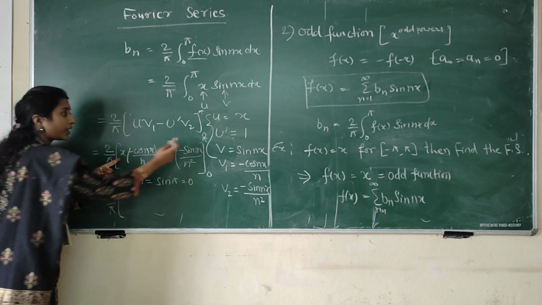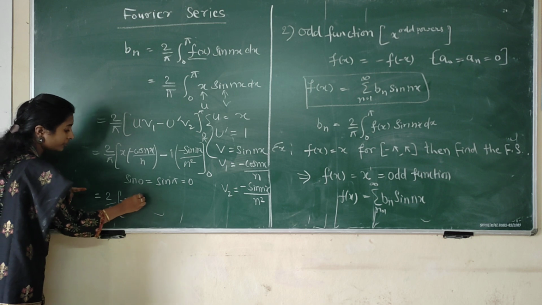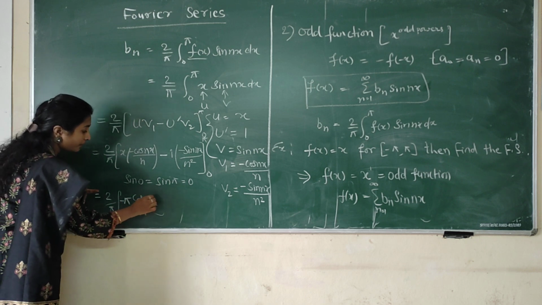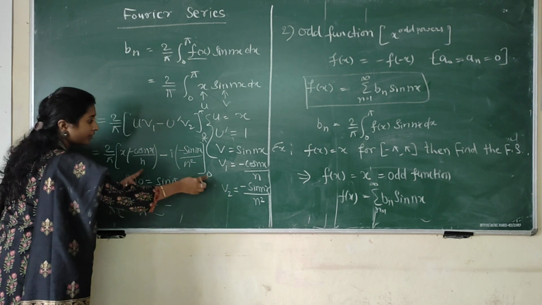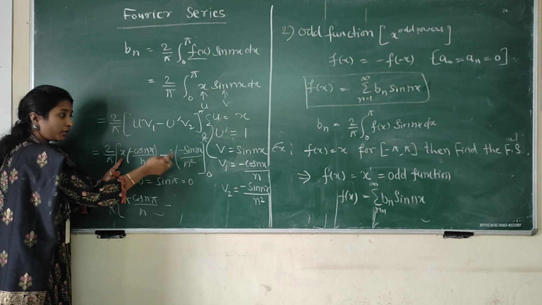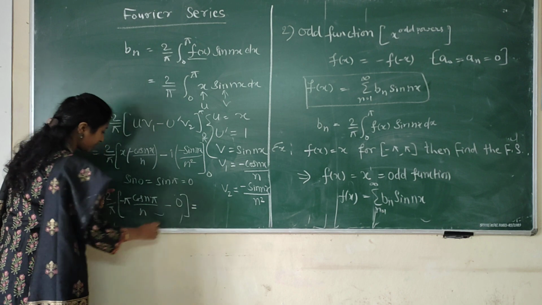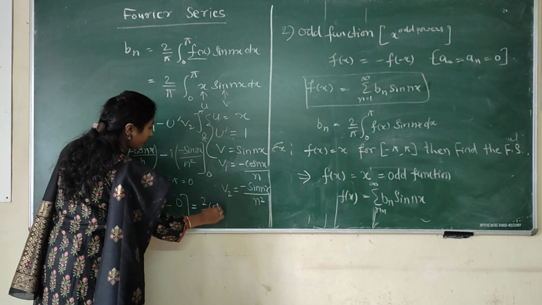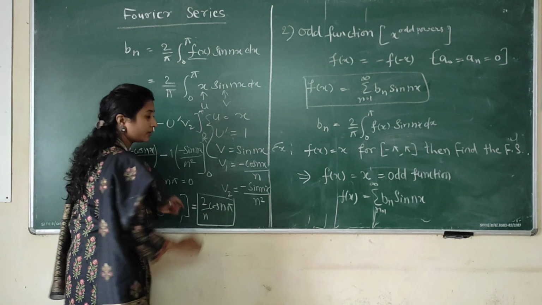For the value of x we are putting pi, minus cos nx upon n times pi, minus the lower limit 0 times 0, then the complete value is 0, and the final answer is 2 upon n cos n pi. It is the value of bn.